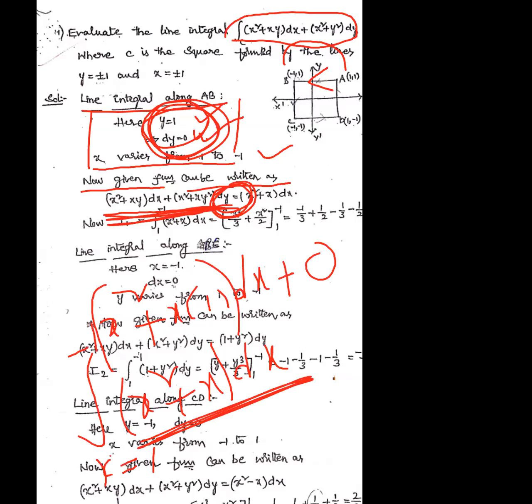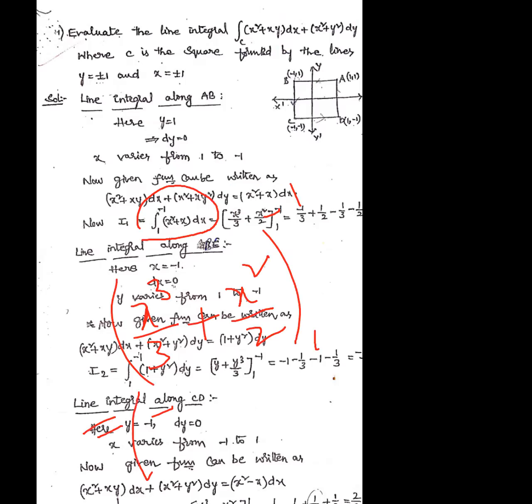So we calculate the integral from 1 to minus 1 of x square plus x. The integral of the first term x square is x cube by 3, and the integral of x is x square by 2, substituting the given limits 1 to minus 1. First, substituting the upper limit minus 1: minus 1 whole cube by 3, that is minus 1 by 3, plus minus 1 whole square by 2, that is 1 by 2.